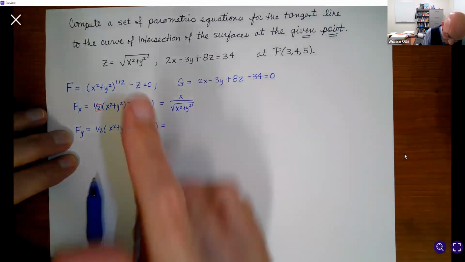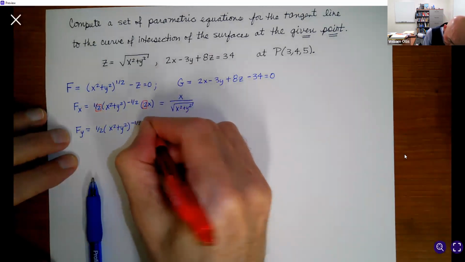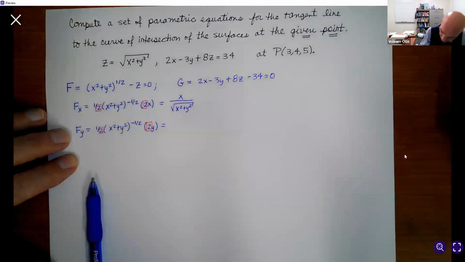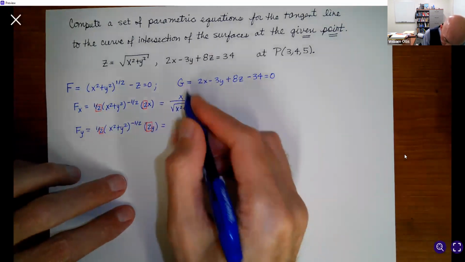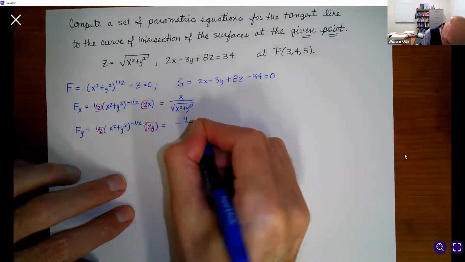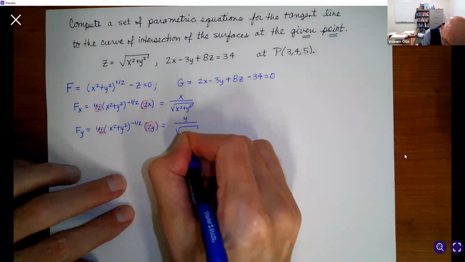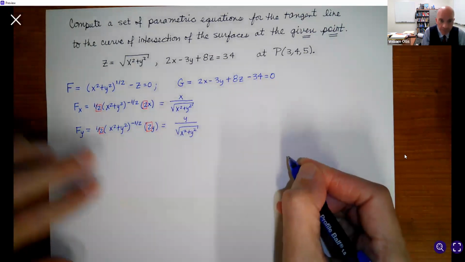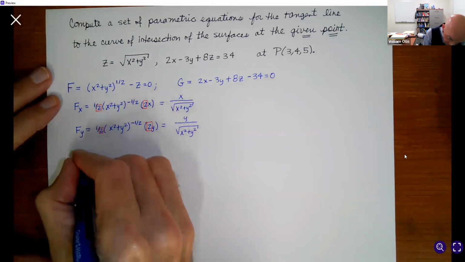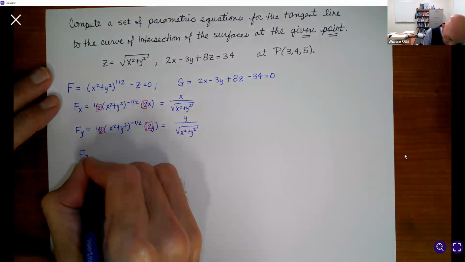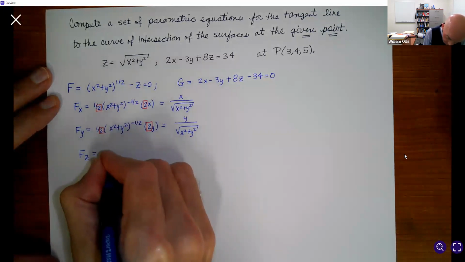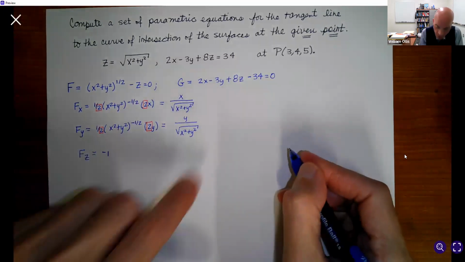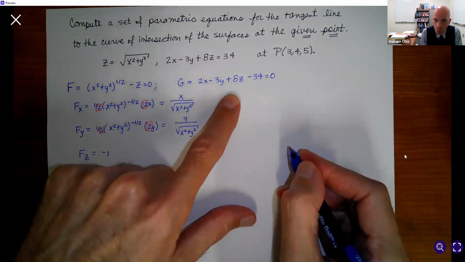And again, the 2's absorb, and we're left with y divided by the square root of x squared plus y squared. And then, of course, the z partial is very straightforward. We just have -1.